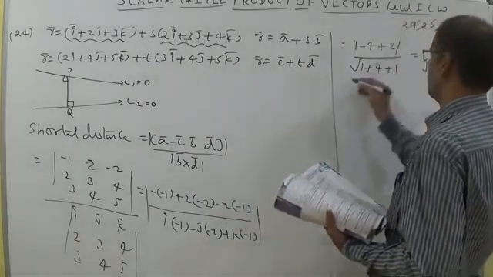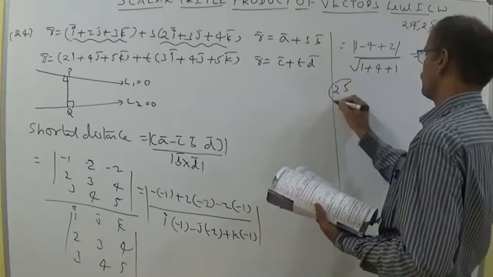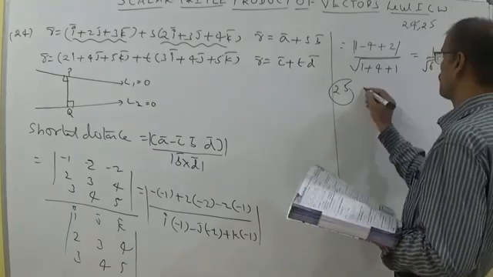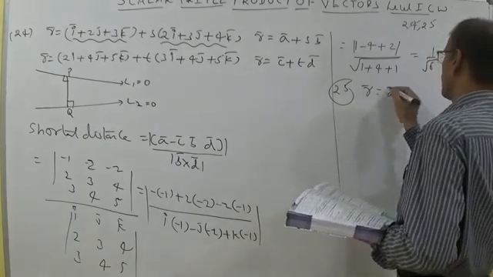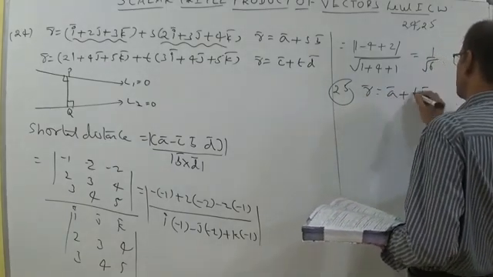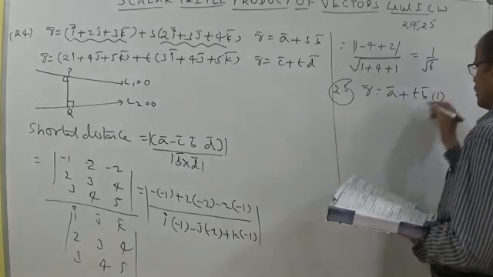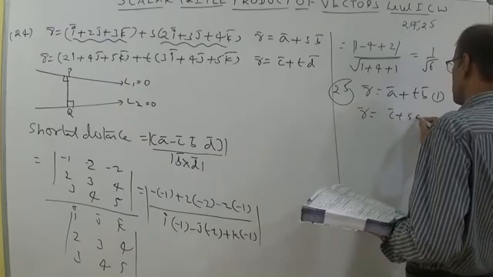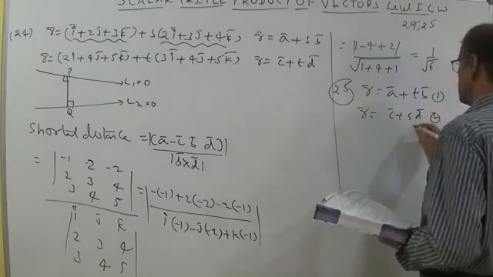24th completed. Let us discuss the 25th question. The lines are given with the same formula: r bar is equal to a bar plus t b bar, and r bar is equal to c bar plus s d bar. Let it be the second equation.